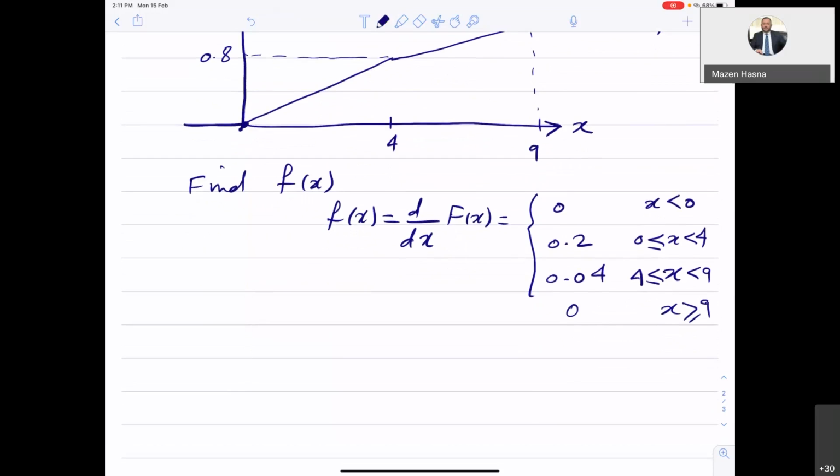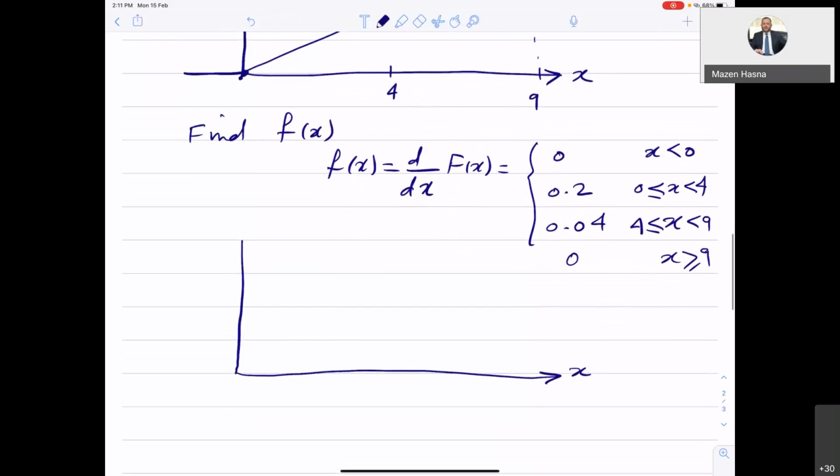Let's try to plot small f of x. How does it look? Between 0 and 4, it's fixed at 0.2.